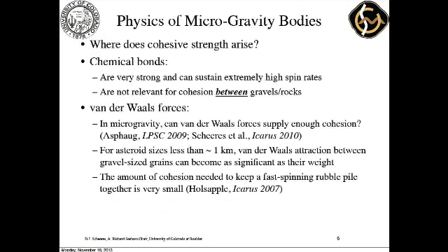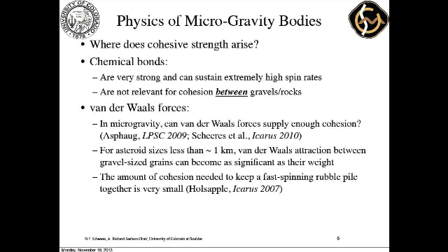So when we talk about strength of asteroids, there are two different things that we need to distinguish. First are chemical bonds, and these can be quite strong and sustain extremely high spin rates. And this is really the strength of a meteorite itself, whether it's a clod of dirt or an iron meteorite, something that's very strong.